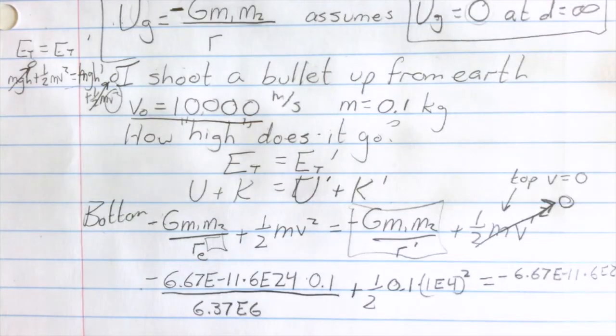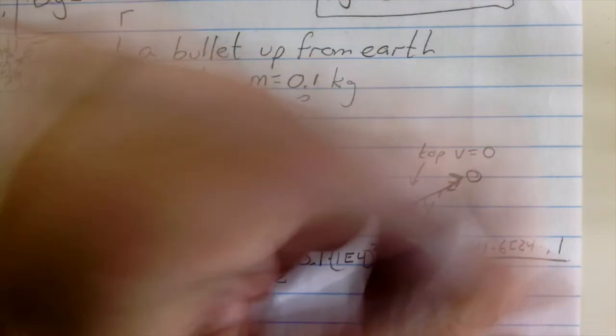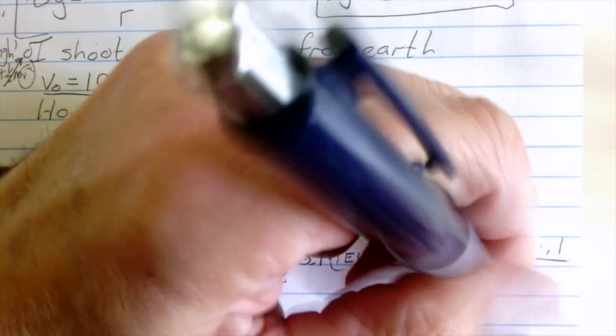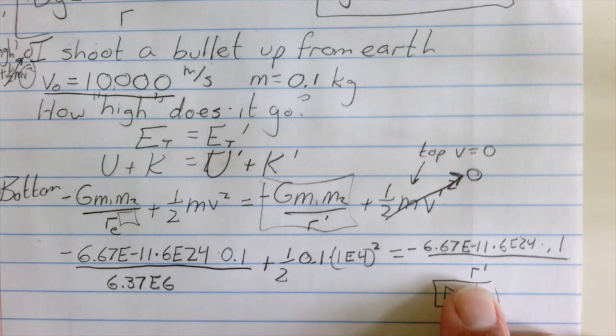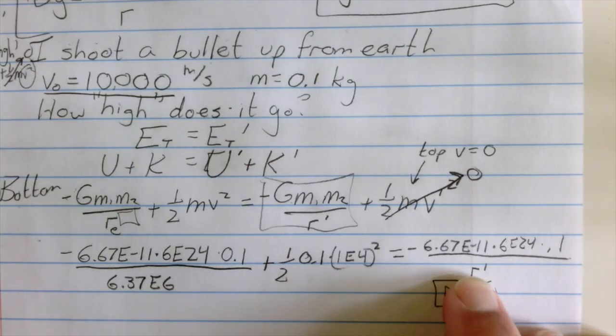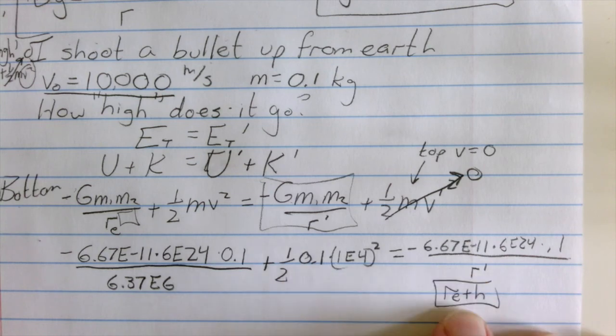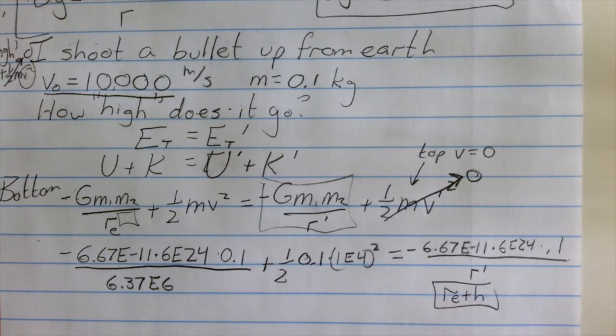Let me slide over. Times 0.1 divided by r prime. Okay? And this is going to be the radius of the Earth plus the height.